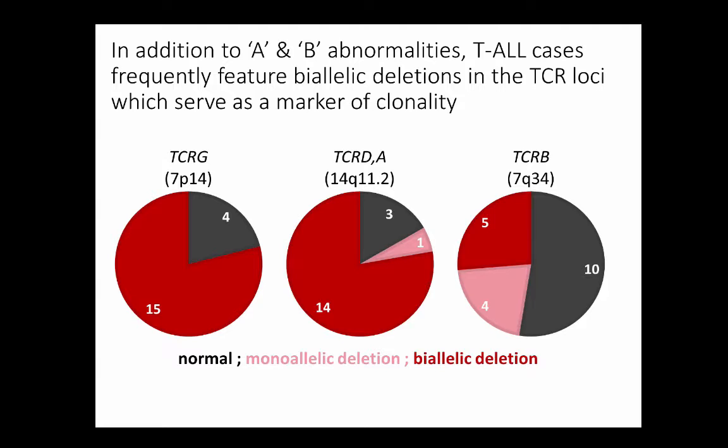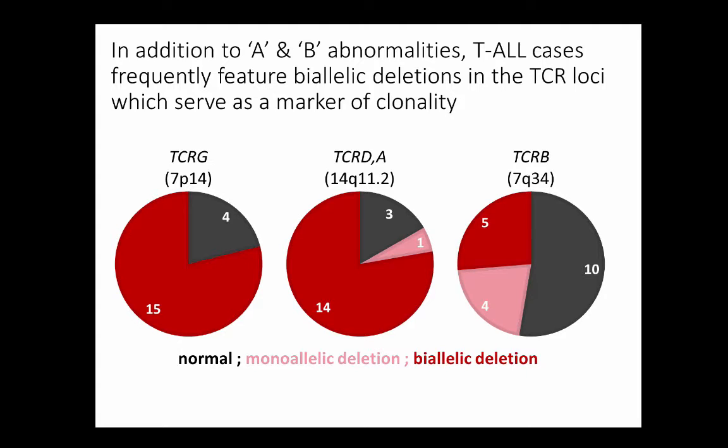These are normal processes in T-cell development because, as I mentioned, in order to proceed through development, we have T-cell rearrangements that result in the excision of DNA to bring together disparate segments in the genome. The majority of these deletions in red are biallelic deletions on both copies. We had some monoallelic deletions as well, and in black, normal copy number, no losses at these positions.